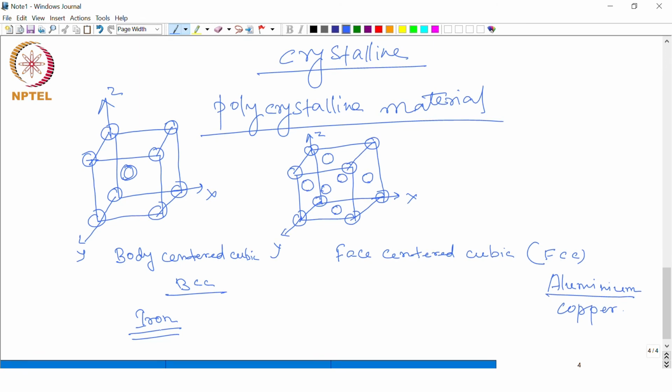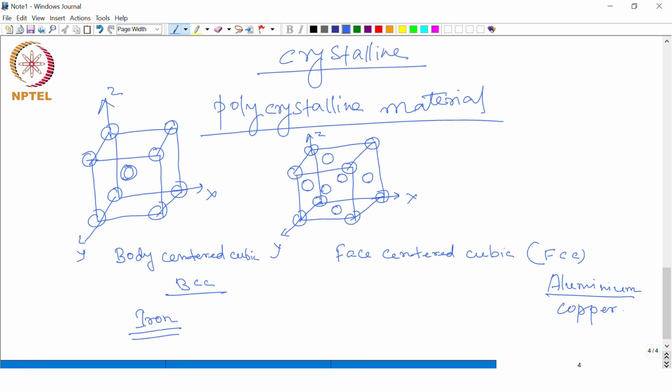And like how you have in cubic, starting from simple cubic where only corners will have the atoms, you have FCC and BCC also. Similarly, in other kinds of crystal structure, we will also have their own variations. Okay.